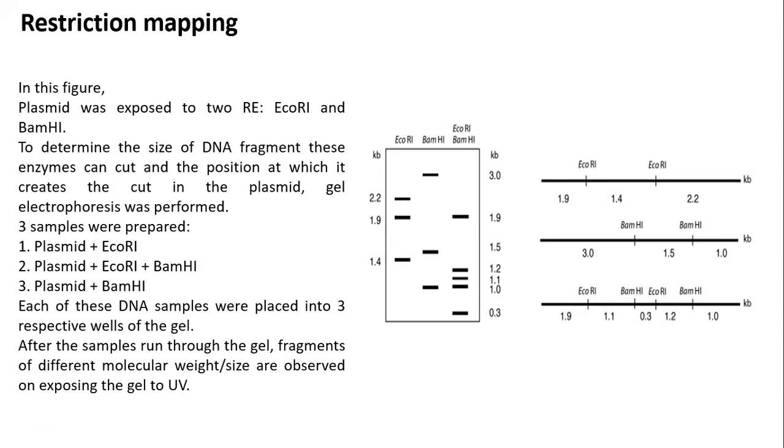And then this 1.5 kb band from BamH1 is cut by another EcoR1 site, which gives 0.3 kb and 1.2 kb. And this 1 kb band is here. So you can actually make the whole map of some unknown DNA fragments with restriction mapping.